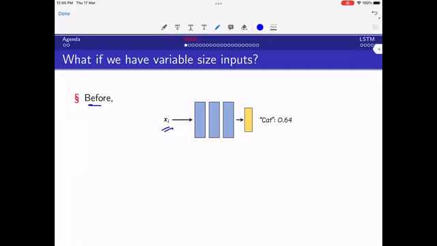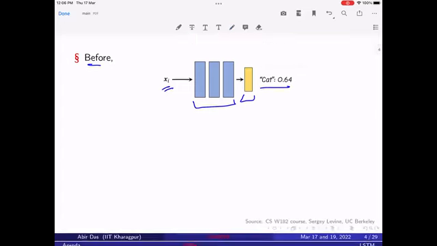Suppose an image is coming, you have this big network, you have finally this classification layer, and it outputs a categorical variable with some probability, say cat with 64% probability, or dog with say 1% probability. Okay, so that was the normal use case.